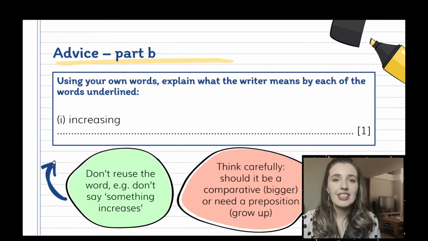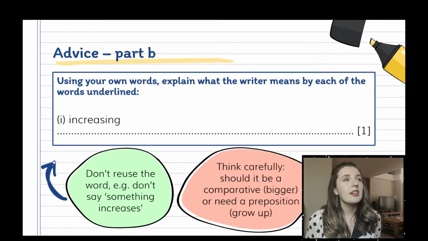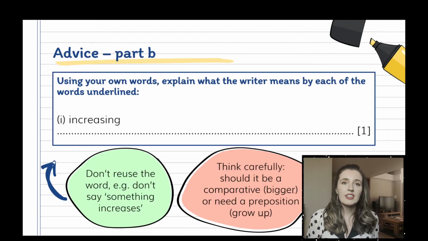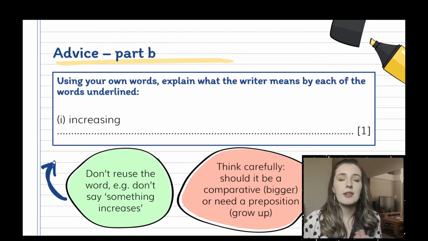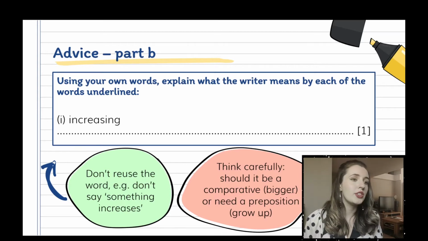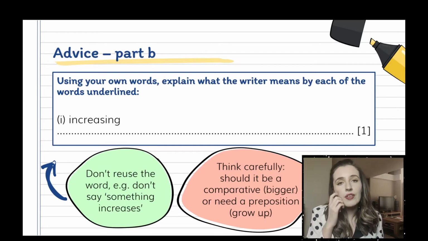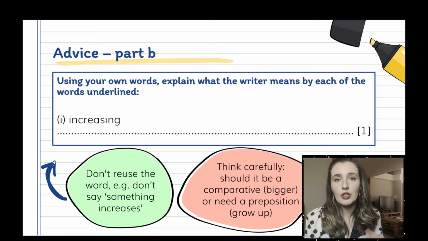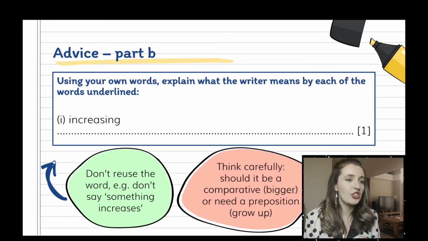Also think really carefully about the meaning of the word, the deeper implications of the word, because if it's something that is a comparative, right? So if they wanted you to define bigger, then you'd have to say larger. You couldn't just say large. So if it's a comparative, use a comparative in your definition.